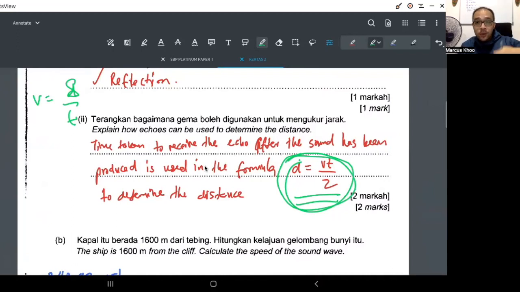So the formula is always this: D equals to Vt over 2. Okay, a kelawar or a dolphin with a tembok or something lah. Okay, also this situation, D equals to Vt over 2. So you need to remember this formula lah.